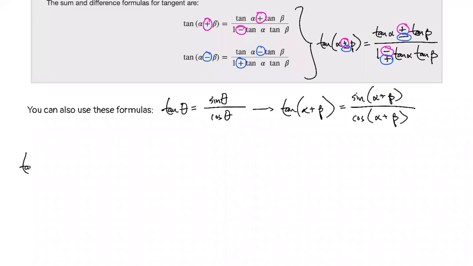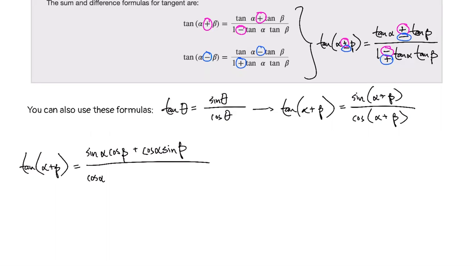So if I have tangent of alpha plus beta, I'm going to go back into the notes, and I'm going to grab the sine of alpha plus beta formula, which is sine alpha cosine beta plus cosine alpha sine beta. Okay, so I just got that from the first set of formulas we learned. And then I'm going to go back to the second set of formulas we learned about cosine of alpha plus beta, and I'm going to write that expanded form here.